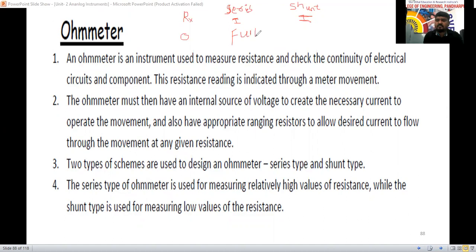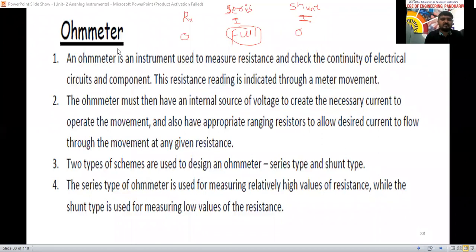Okay, next, for the shunt type, 0 or full? One answer came, that is 0. Any other answers? Already we have discussed this thing. Just say it. If it is full or 0, only two options are there.